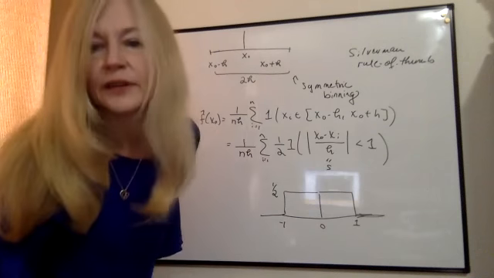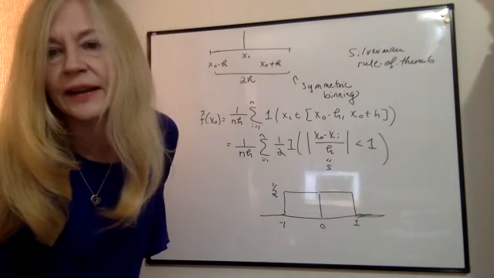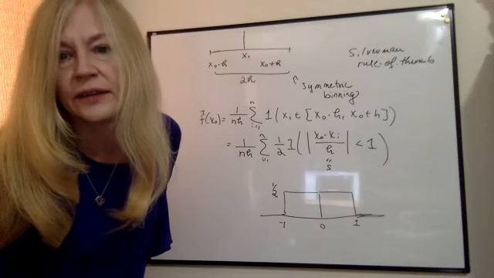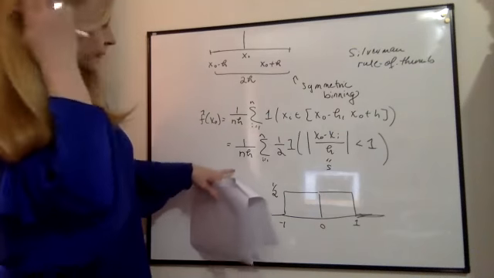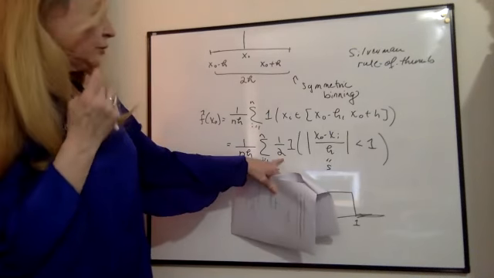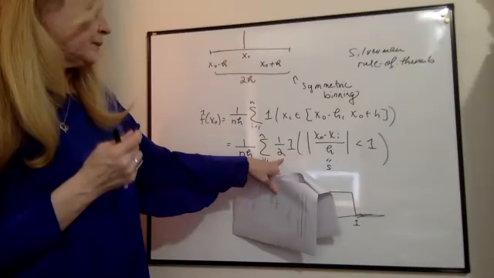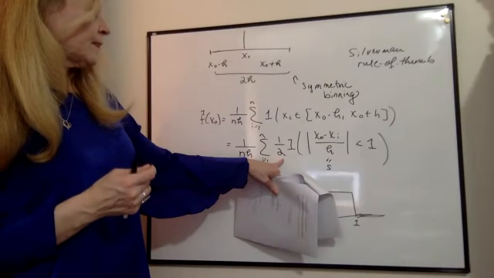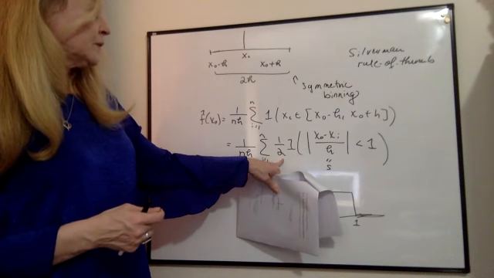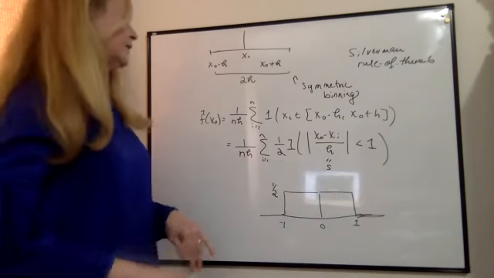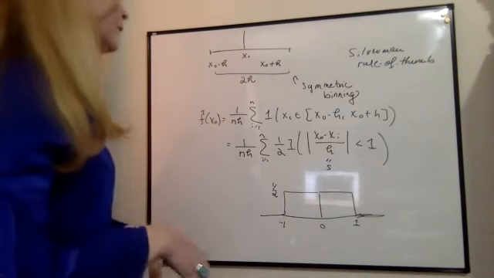Okay, let's see some questions. Why do we divide by nh instead of 2nh? Well, the width of the bin here is 2.